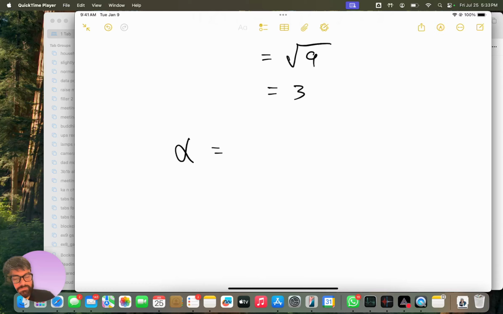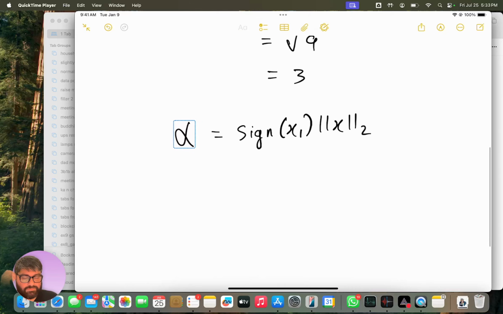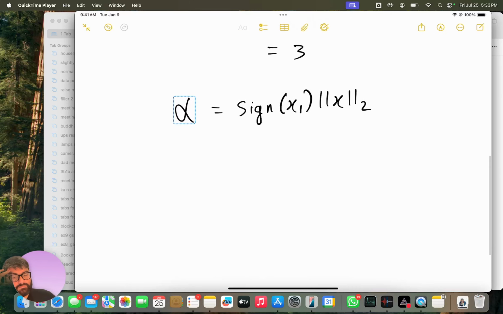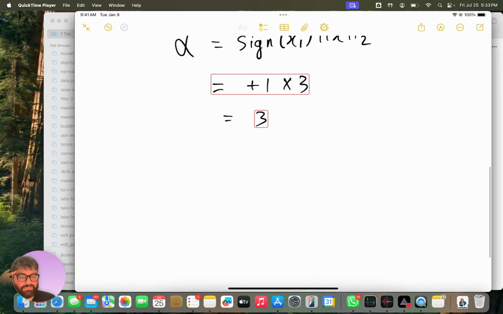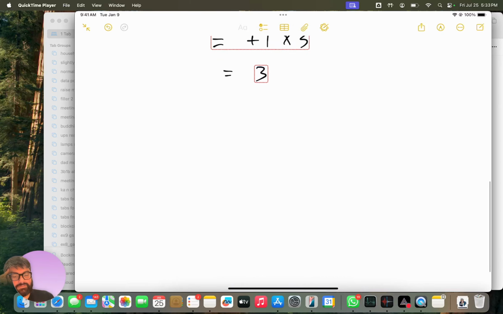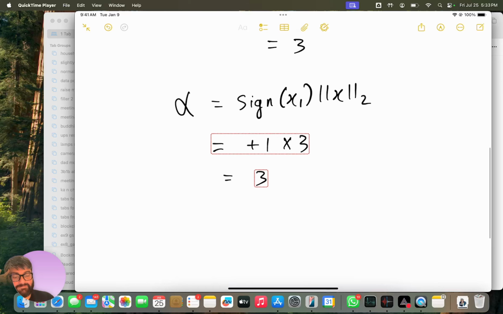Alpha is equal to the sign of the first element of the vector, times the magnitude, or the L2 norm of the vector. Once again, very simple. So the sign of x1 is just positive. I'm just going to say positive 1 times 3, which equals 3. Ignore the red signs. That's just Apple Notes math results bugging out. Okay, so we have alpha.